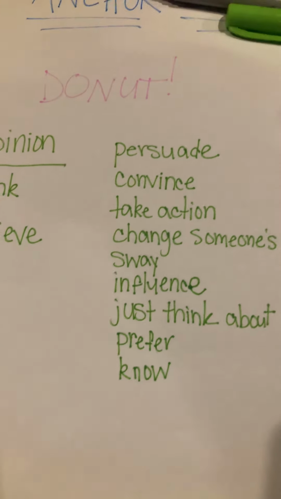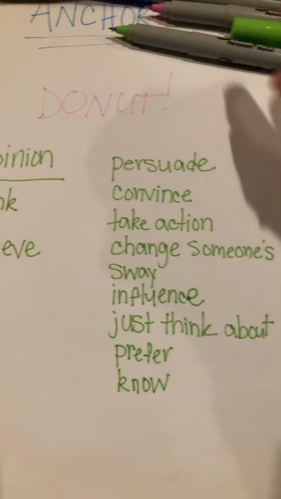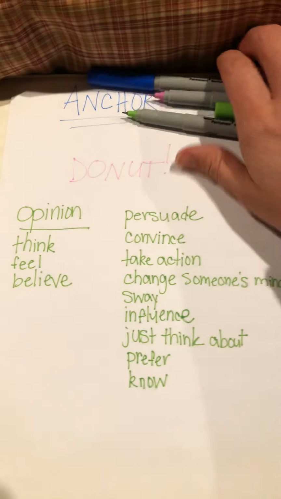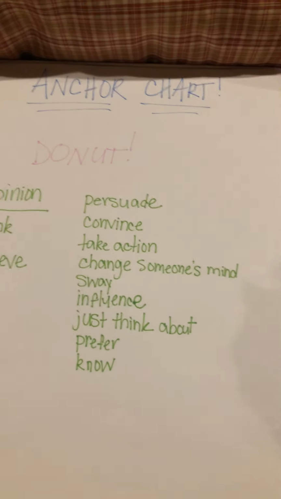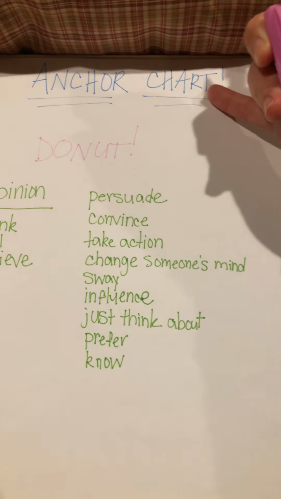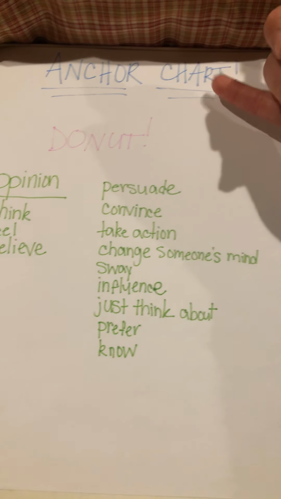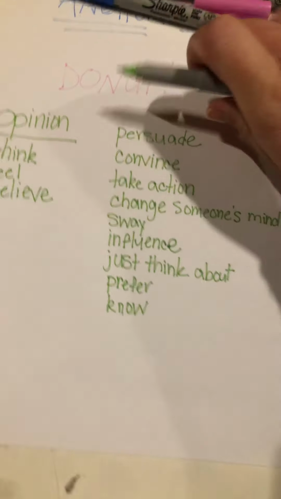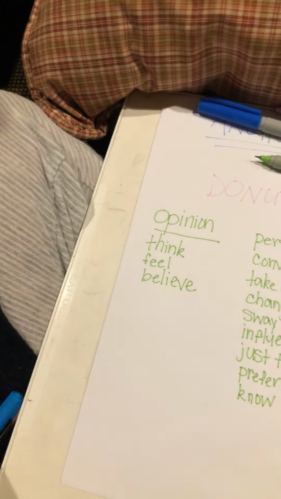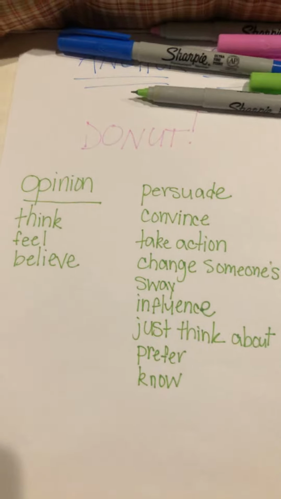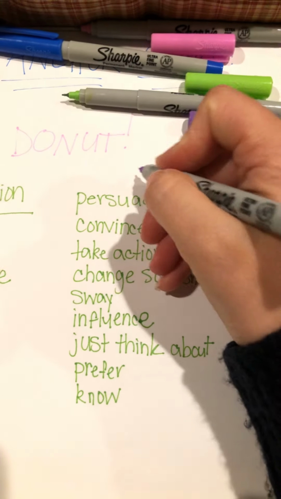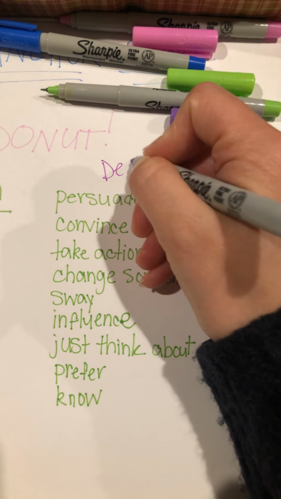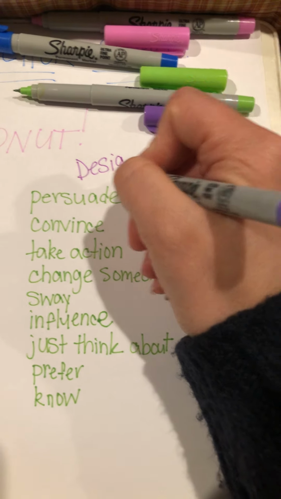So what you're going to do is after you have made this anchor chart, and again, mine's not as fancy, but you don't have to make it fancy. I literally have anchor chart, or you could just write brainstorming about a donut. So you're designing, let's get another color in, shall we? Ooh, how about purple? You are designing your own special donut.